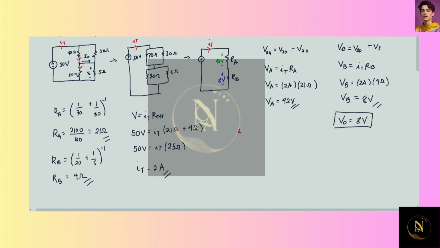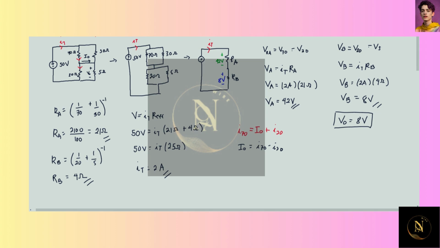So we could write the equation as I70, the current passing through the 70 ohm resistor, is equal to I naught plus the current passing through the 20 ohm resistor. Rewriting the equation, we get I naught equals I70 minus I20.